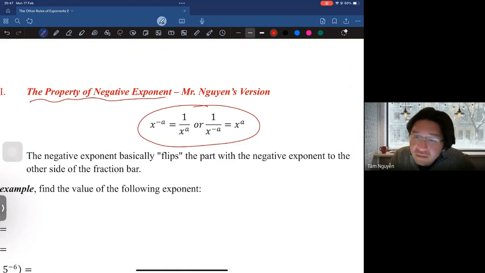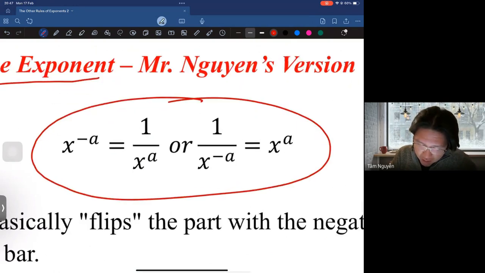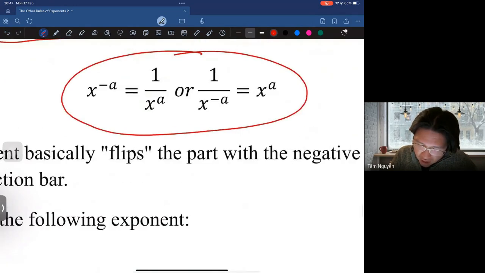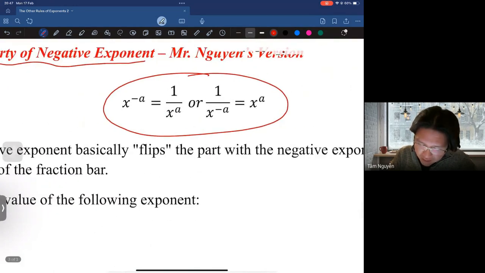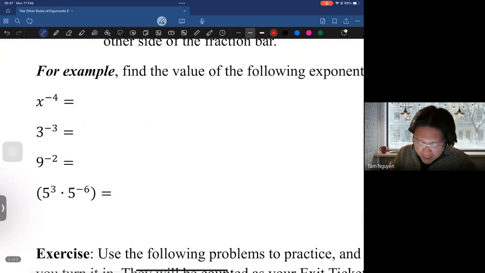That's it. All right. So please write it down, and after that we could take a look at those examples.